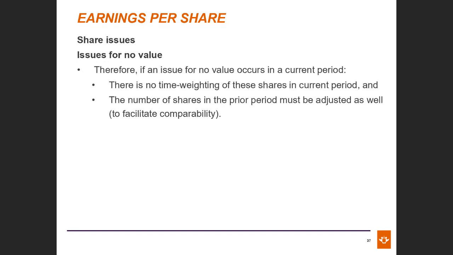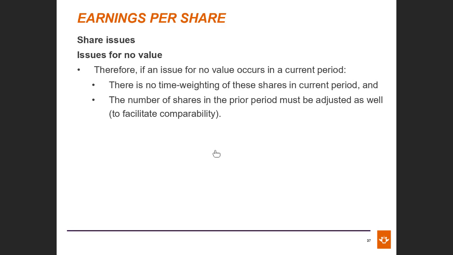So if we have an issue for no value that occurs in the current period, there's no time weighting of the shares in the current period, and the number of shares in the prior period must be adjusted as well. So remember when we looked at an issue for value, we had to time weight those shares because we said that the earnings potential was there only after the shares were issued.